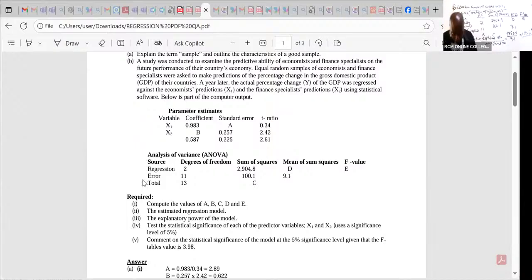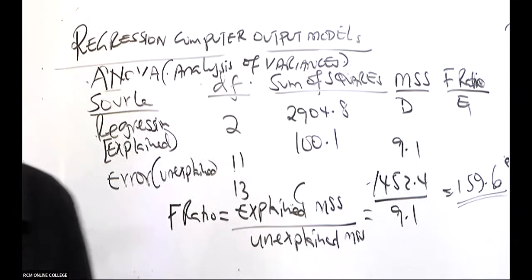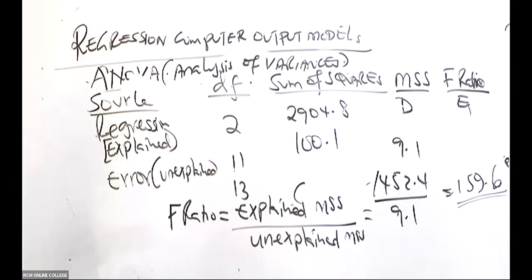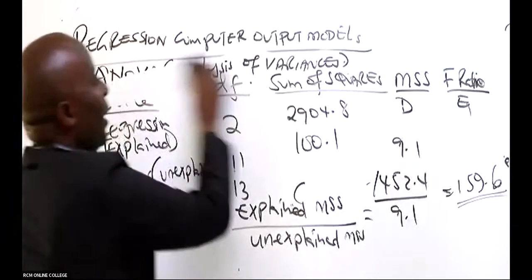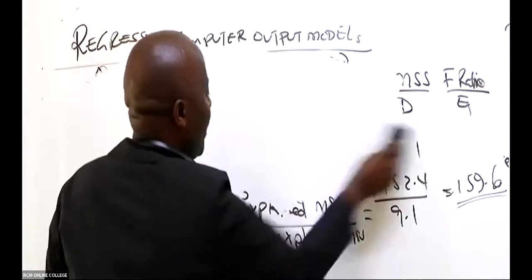The estimated regression model. Now remember that here we have got how many predictor variables? 2 of them. If you remember, my good students, whenever you are writing a general regression equation, this is normally how you write it.